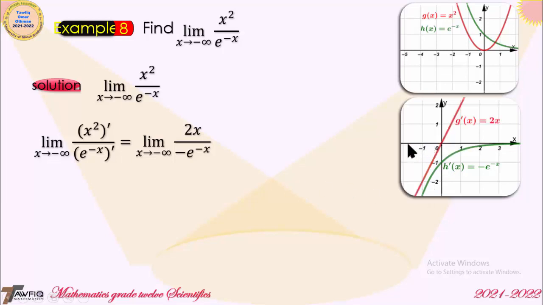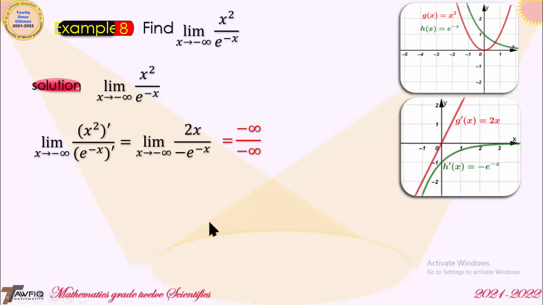When x goes to the negative infinity, 2x goes to the negative infinity too. That means the limit when x approaches minus infinity of 2x over minus e to the power minus x is minus infinity over minus infinity, which is an indeterminate form too.